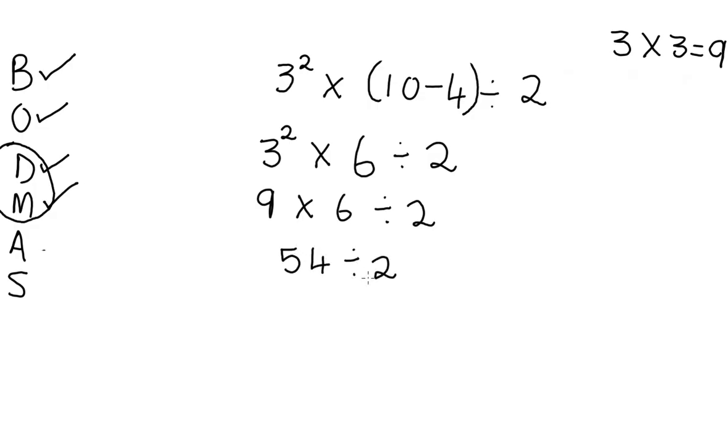We divide that by 2 and then work out the final answer. 54 divided by 2 will give us an answer of 27. And this will be our final answer for this particular question.